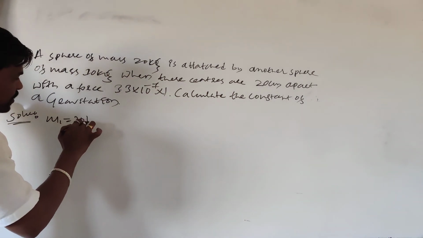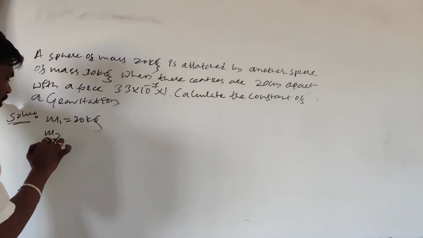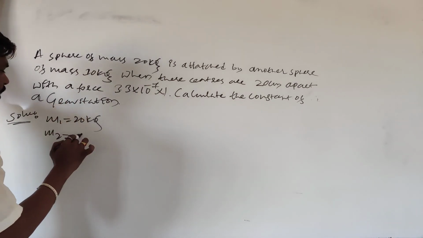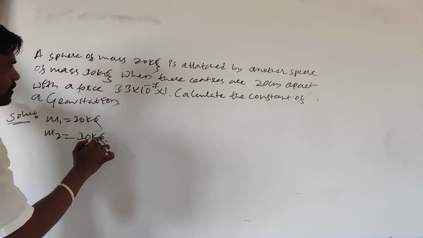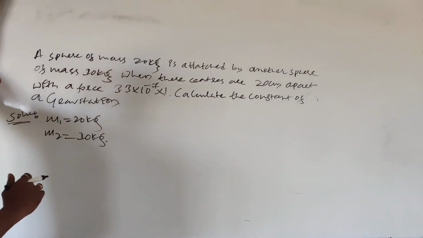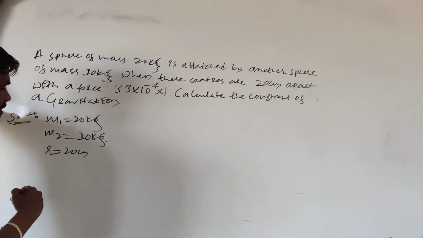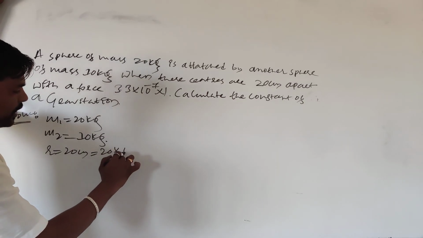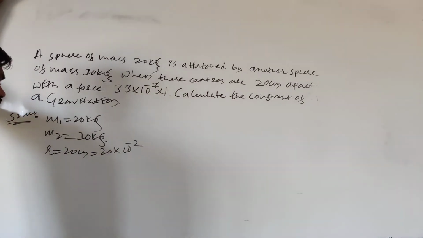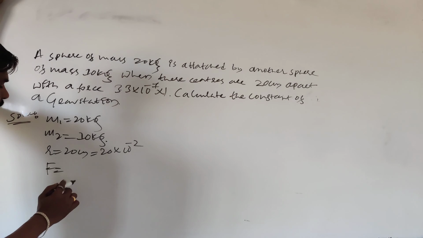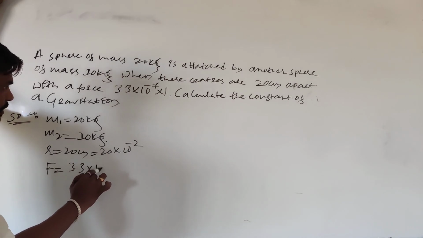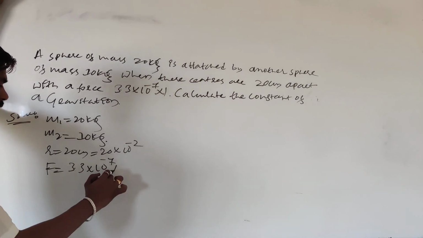M1 is 20 kg. M2 is 10 kg. They are 20 centimeter apart, radius or distance 20 into 10 raised to minus 2. The force is also given, 3.3 into 10 raised to minus 7 Newton.